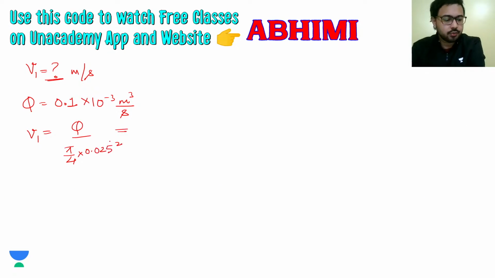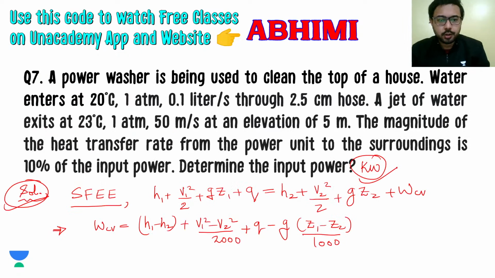So this will give us the velocity V1, and it is coming out as 0.2 meter per second.